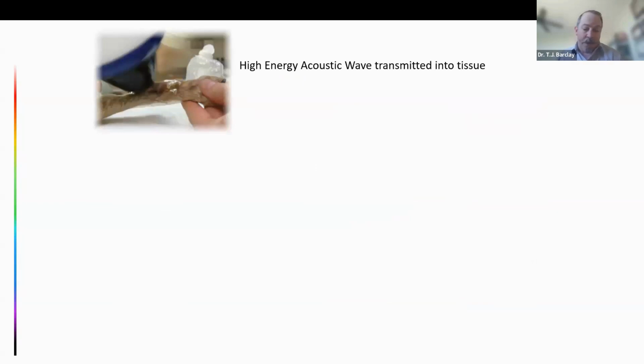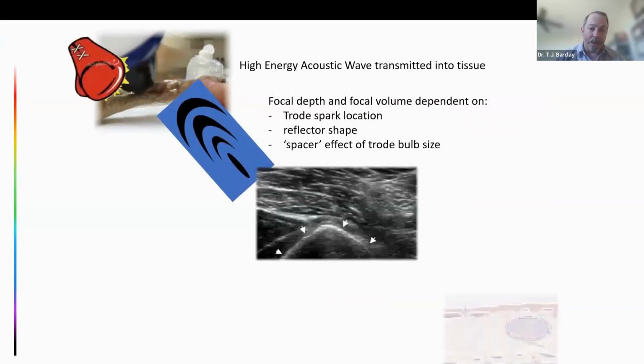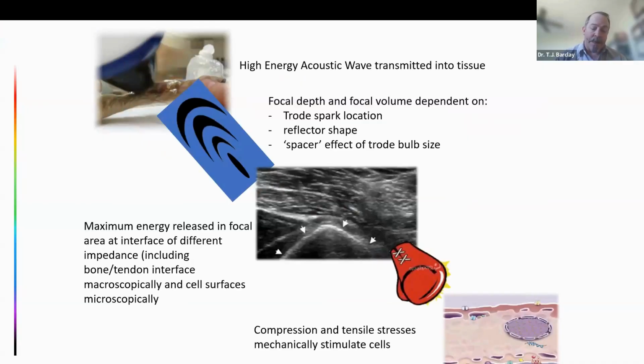So why do we use shockwave? What happens when we treat a patient with shockwave therapy? Basically, we're transmitting those shockwaves into the patient. That sound energy is deposited at areas of high acoustical impedance.